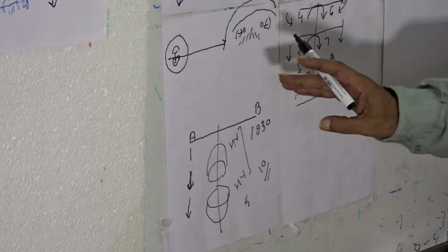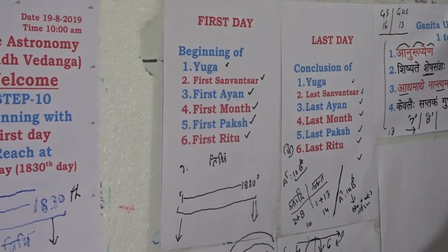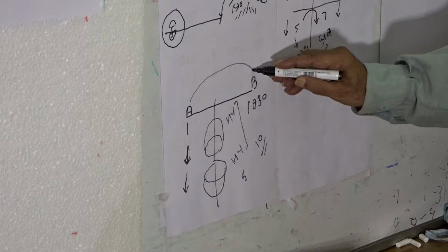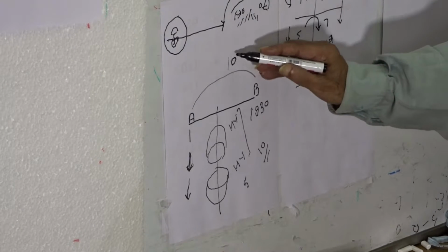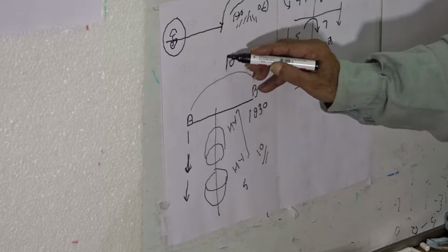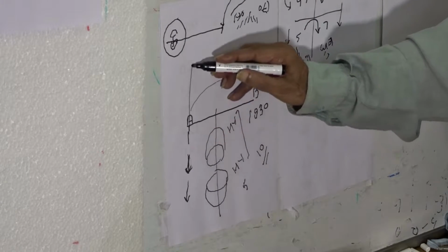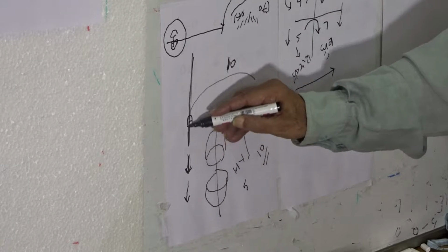So this range of a yuga, from A to B as ions, is a duration of 10 units, 10 hemispheres. The first hemisphere is going to be the starting point, and the first day is going to be the first hemisphere day itself as well.